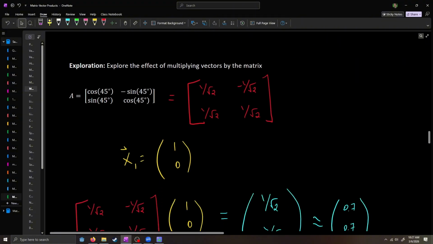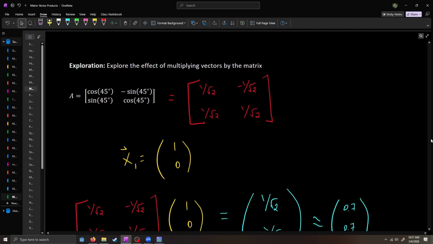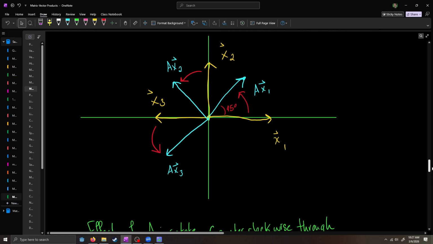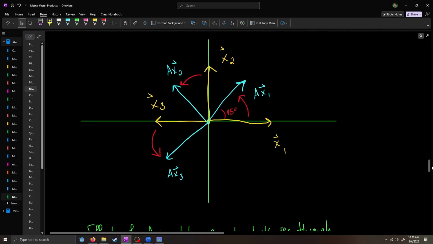And this matrix here with cosines and sines of 45 degrees had the effect of rotating vectors through an angle of 45 degrees. So different matrices can have different effects on vectors, and some matrices have very special effects on vectors.